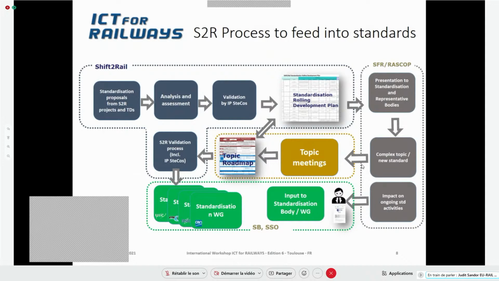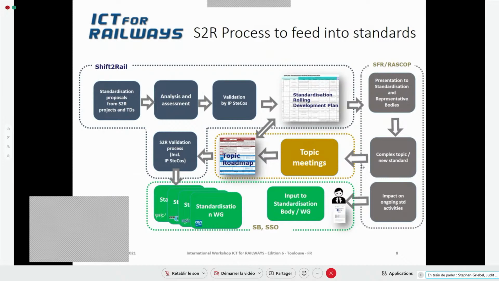For this, it's important to identify specific working groups that collect all the relevant stakeholders, discuss, and come up with a coordinated and agreed standardization path for these new topics as well.